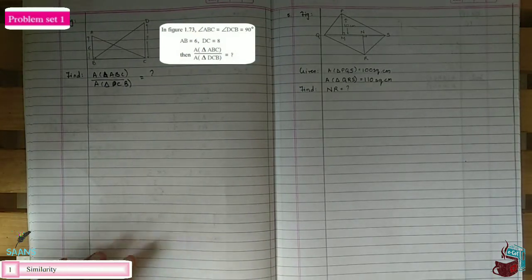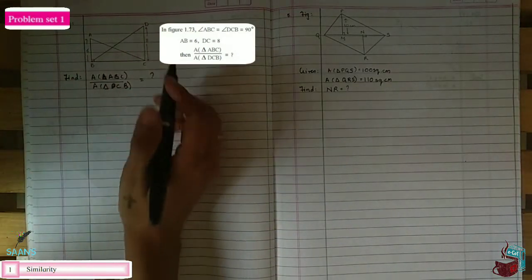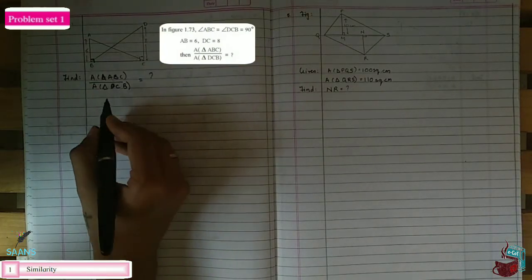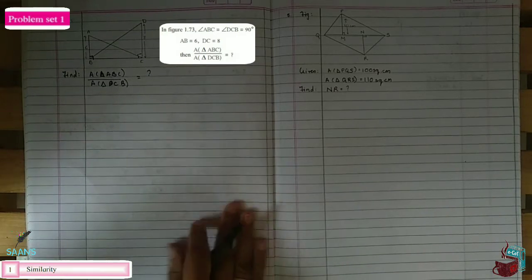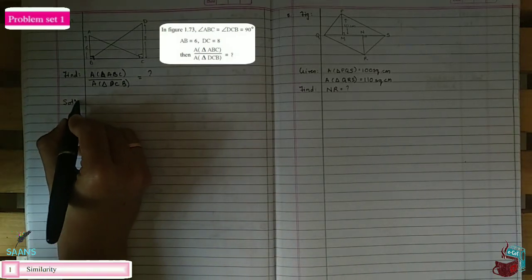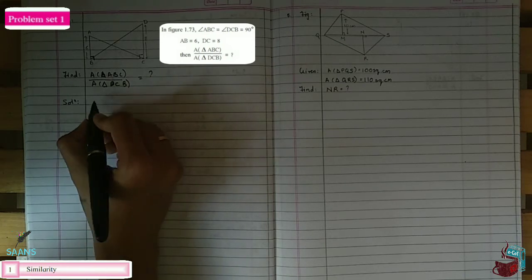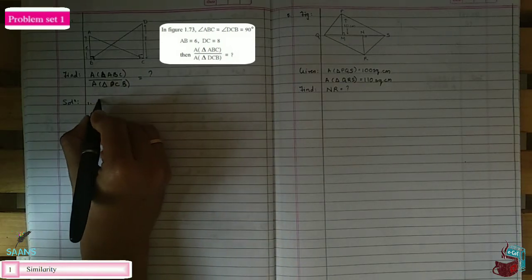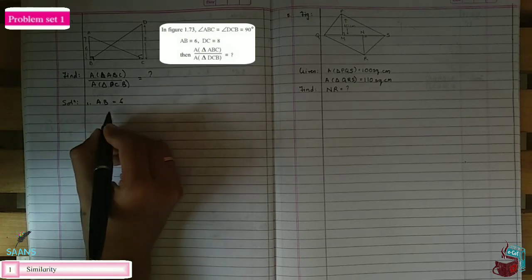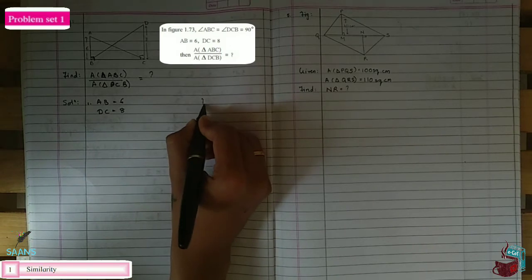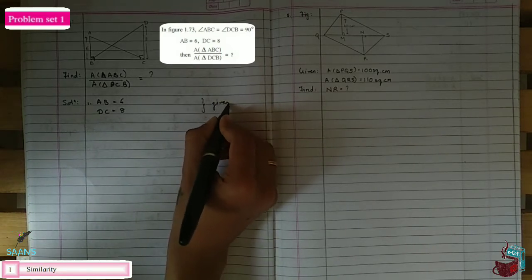Okay, so in this, ये जो 90 degree दिया गया है इधर, see it is just to confuse you. Do not get confused. Okay, I will tell you all why later. Solution, always write the given, but सिर्फ given लिखने से आपको marks नहीं मिलेंगे. Okay, first point, AB is equals to 6, DC is equals to 8. Given.